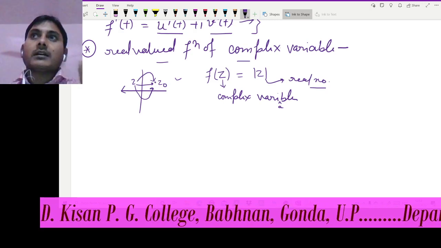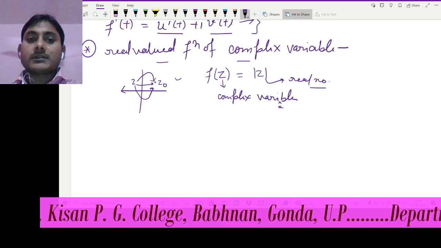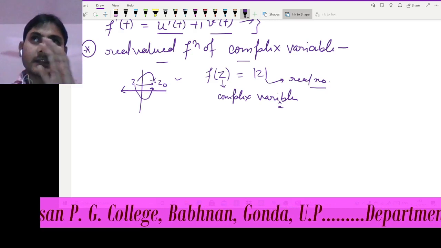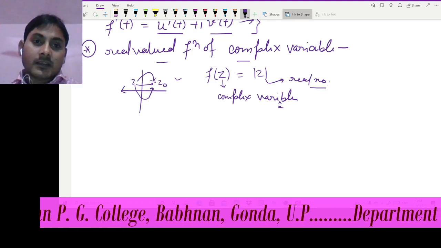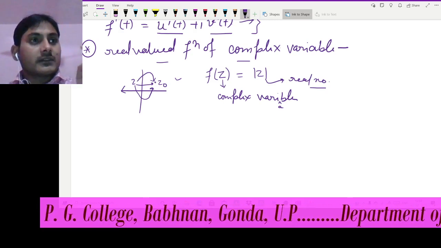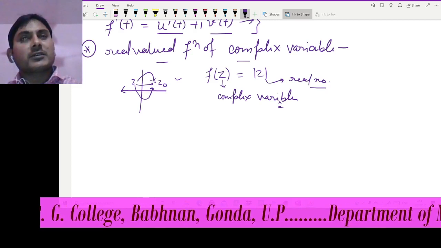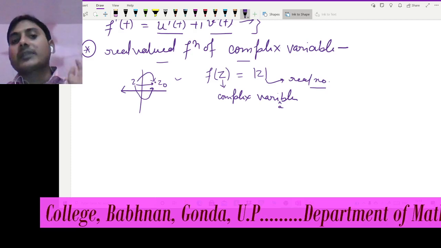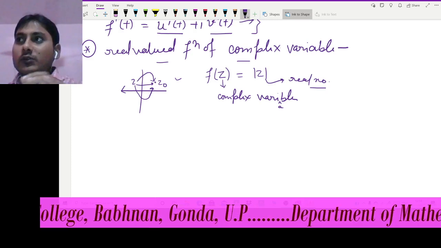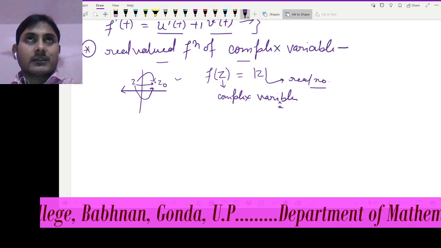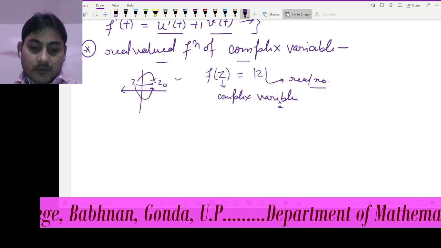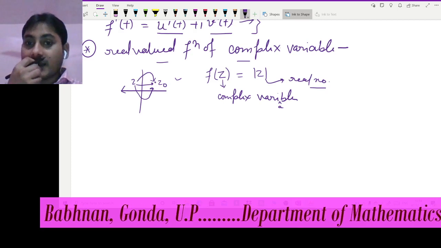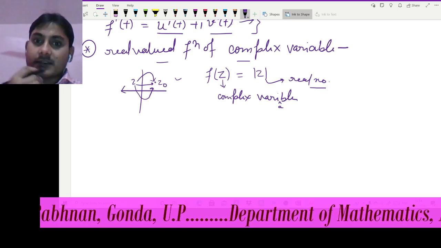I will leave this type of function, and there is a reason behind this: after this property, this kind of function has no more significant properties. So there is no way to deal with this kind of function in our theory after this discussion.